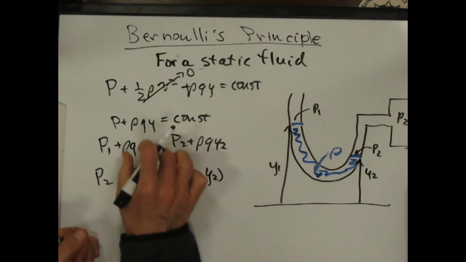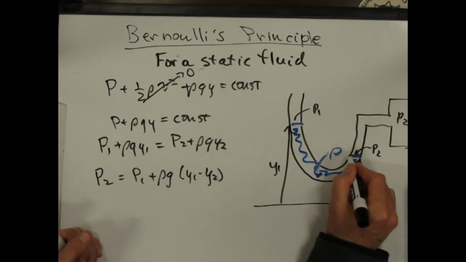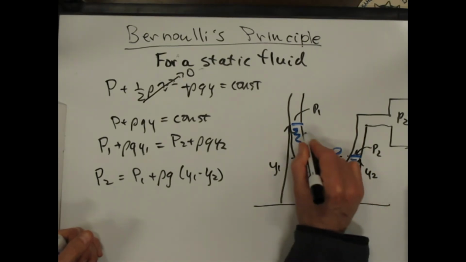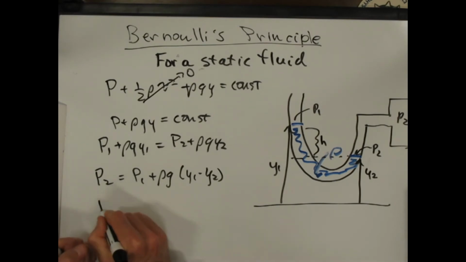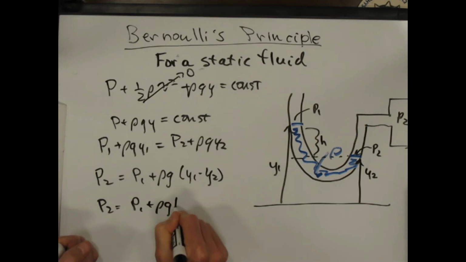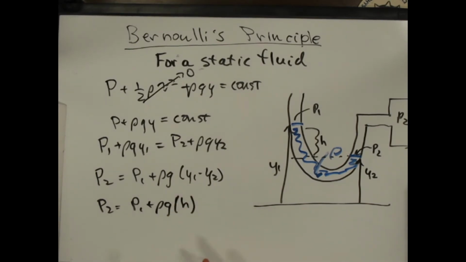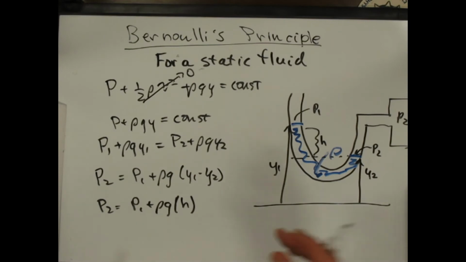That is to say, I subtract this over to the other side and factor out the rho g. And y1 minus y2 is this height here, the thing we called h when we were looking at manometers. And so P2 is equal to P1 plus rho g h. And that's what we got when we solved the manometer problem. So for a static fluid, Bernoulli's principle gives us exactly what we already had.